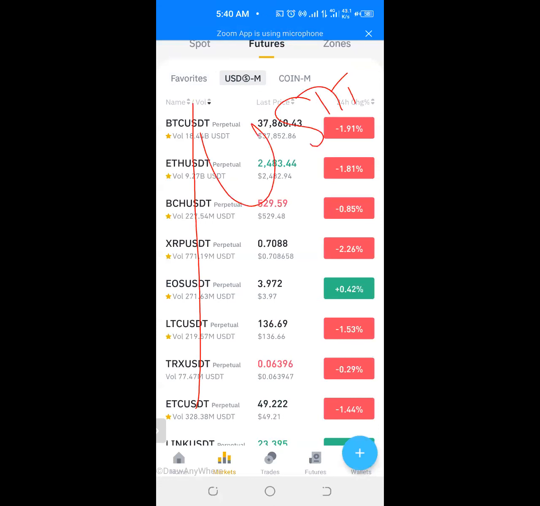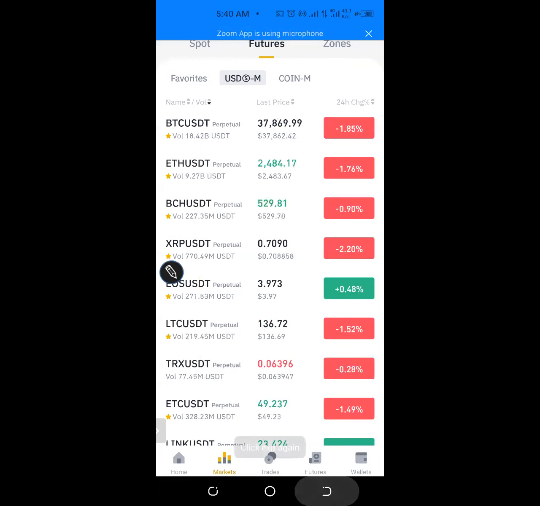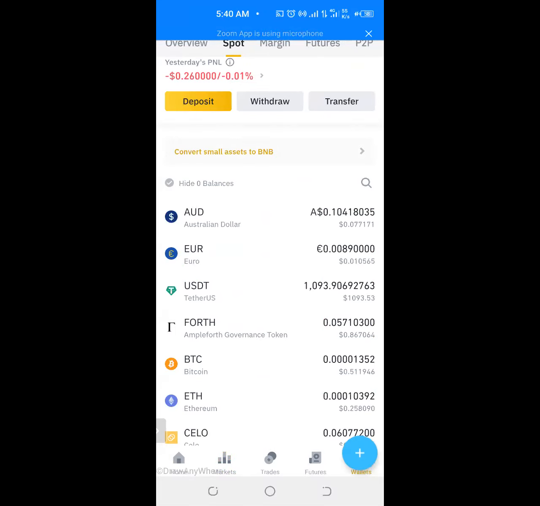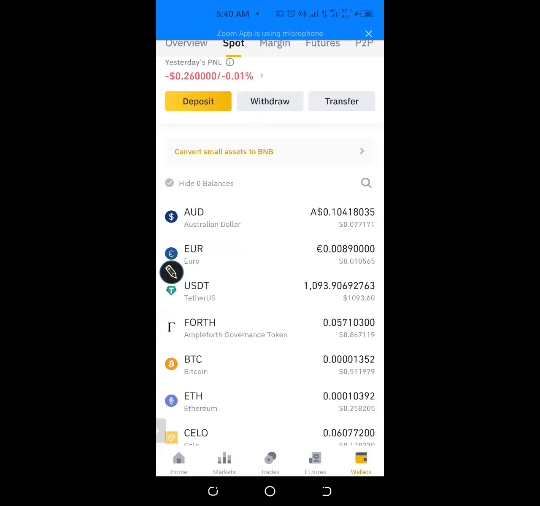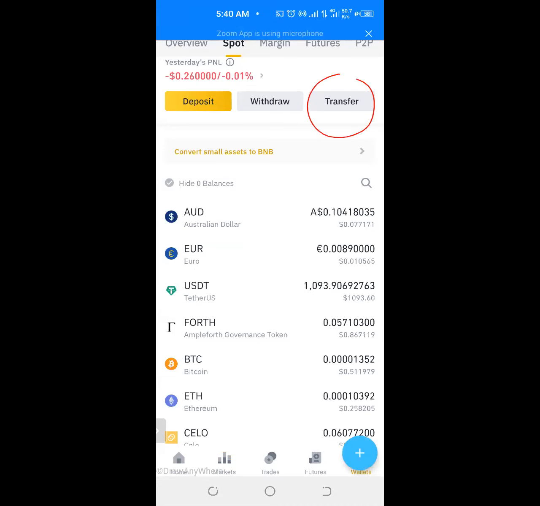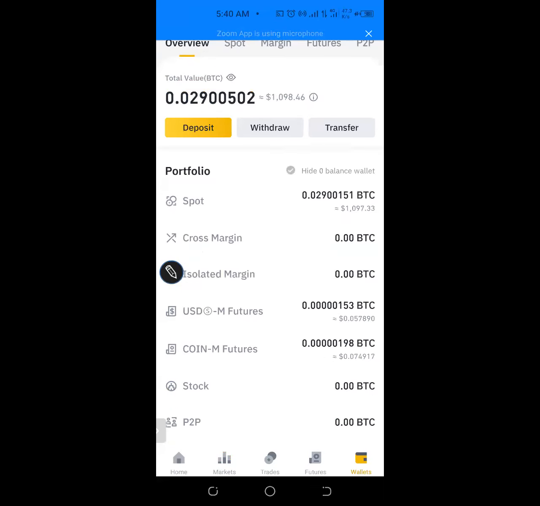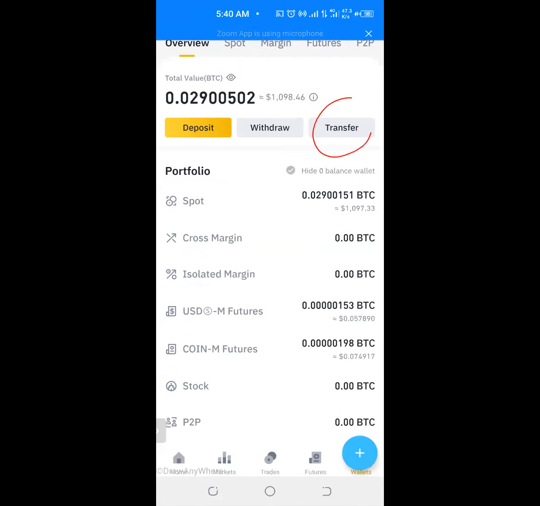So normally when you are trading futures, you need to transfer money from your spot wallet to your futures wallet. Initially, when you do a deposit to your Binance account, it will go under the spot wallet. So if you want to trade futures, the first thing to do is to do a transfer. You can come under wallet. Under wallet, you can even go on overview if you want. Then you take transfer.